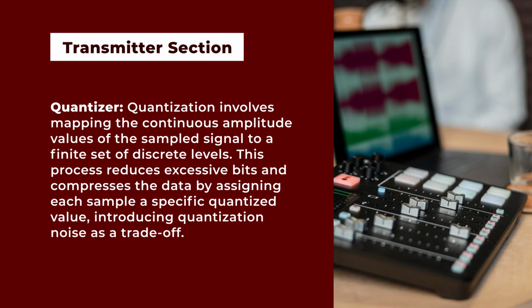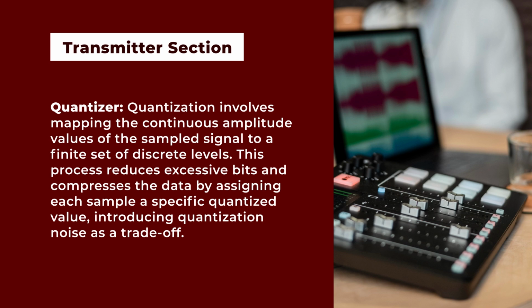Here the equation is Fs is greater than 2Fm, where Fs is the sampling rate and Fm is the maximum frequency of the message signal. Another important part is the quantizer.